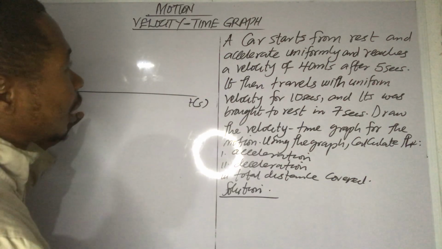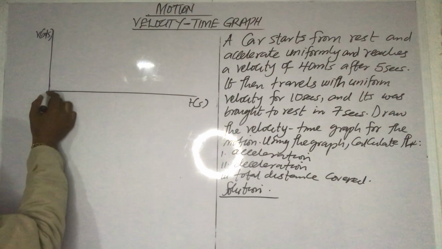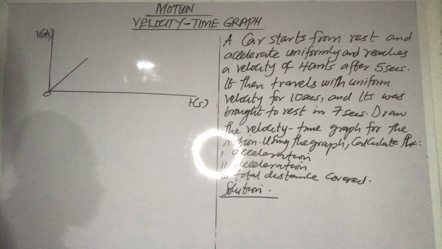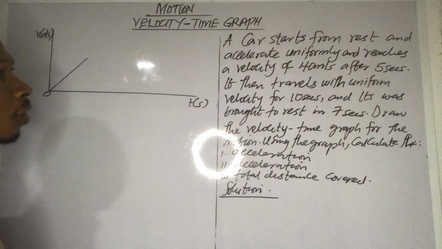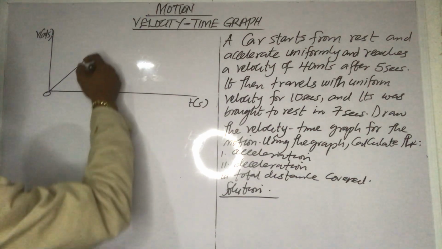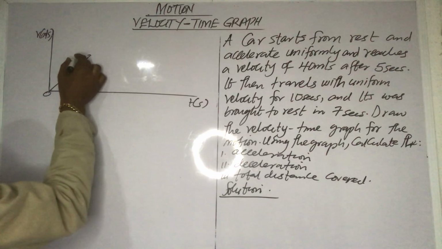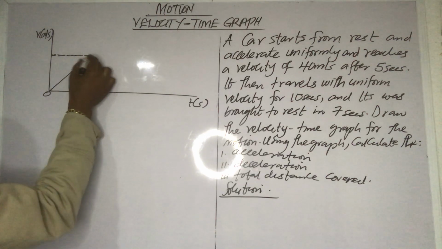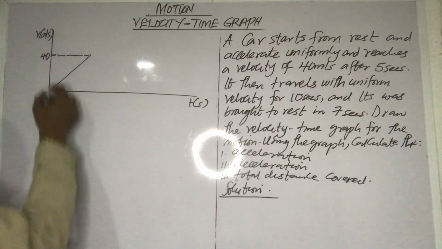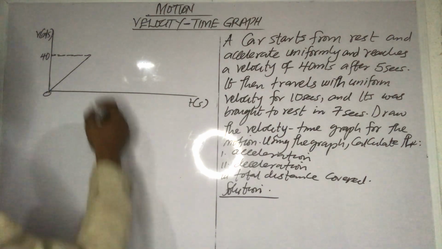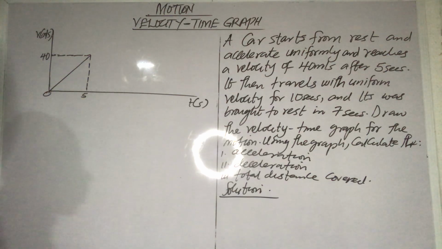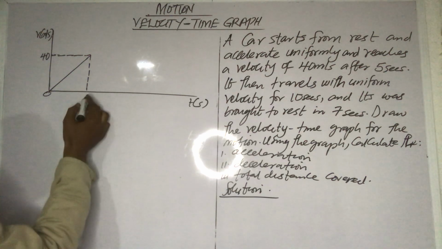Since the body starts from rest, it starts from the origin and accelerates until it reaches a velocity of 40 meters per second. That means the body reaches this velocity of 40 meters per second after 5 seconds, so you trace this place to the time, 5 seconds, here.